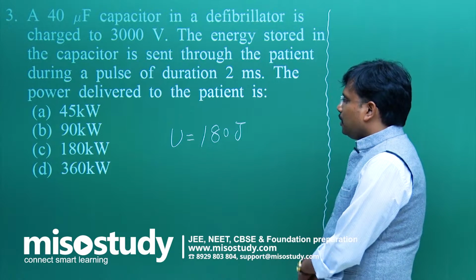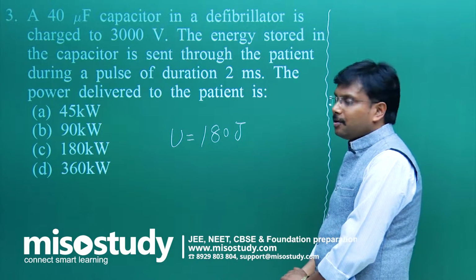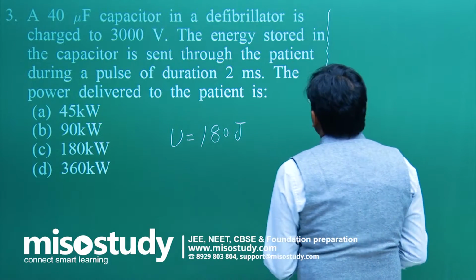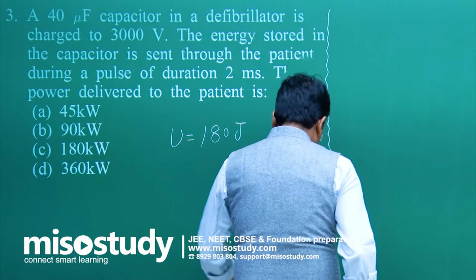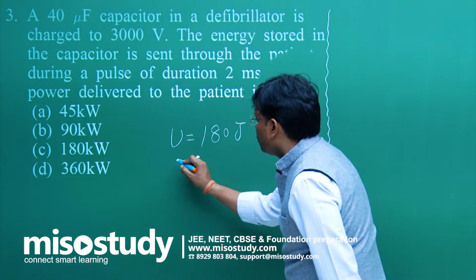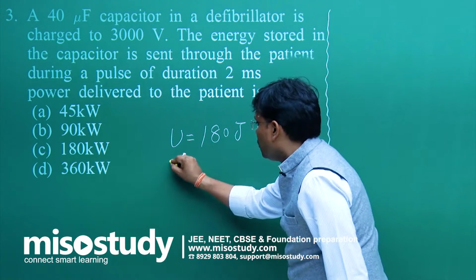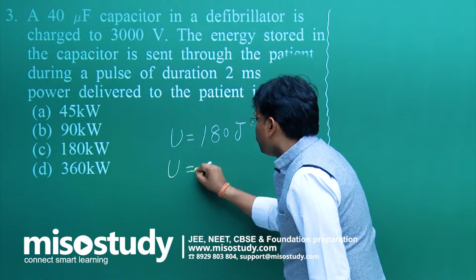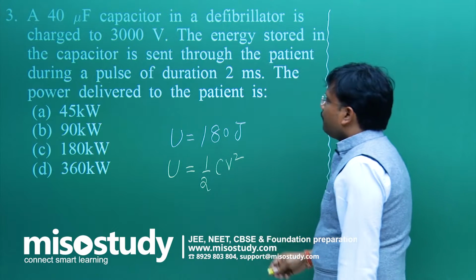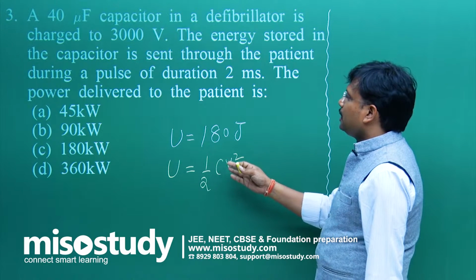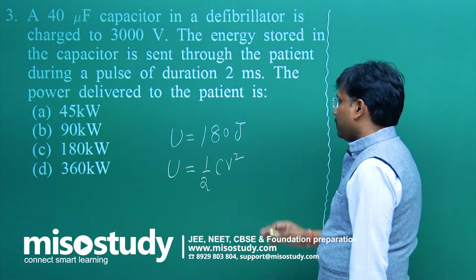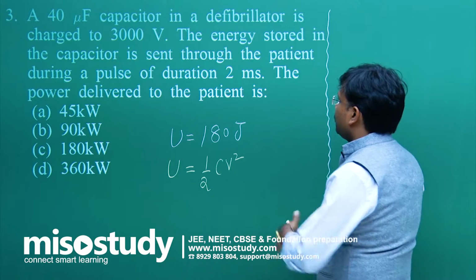Many of you may wonder where we are getting this formula from. It is simple, we are getting it from the relation, U is equal to half CV square. Values are given, C given, V given, you just put the values and this number is your first outcome.